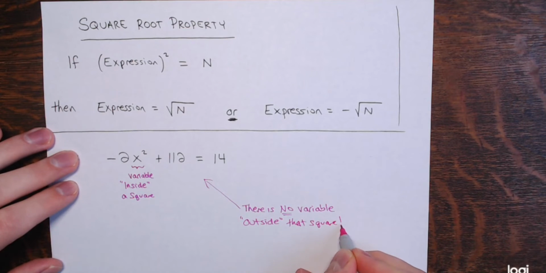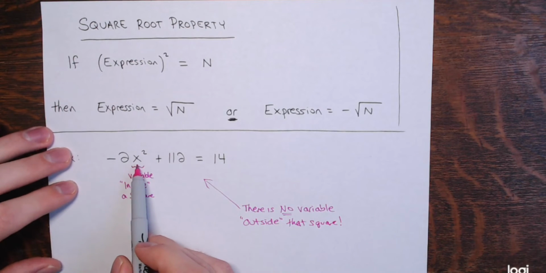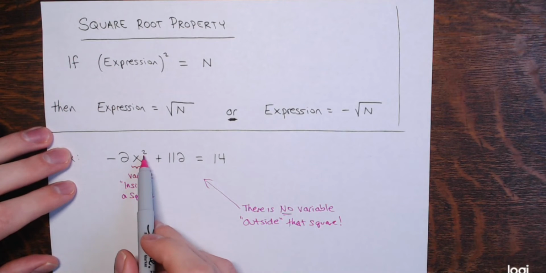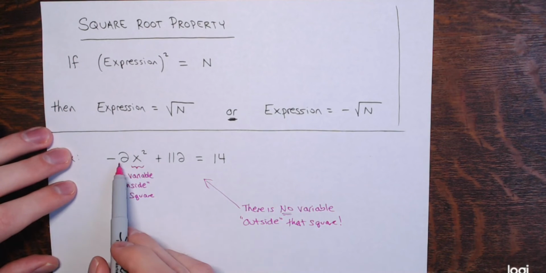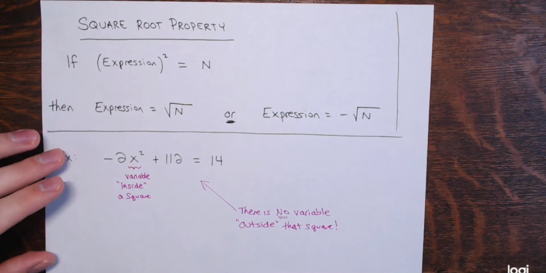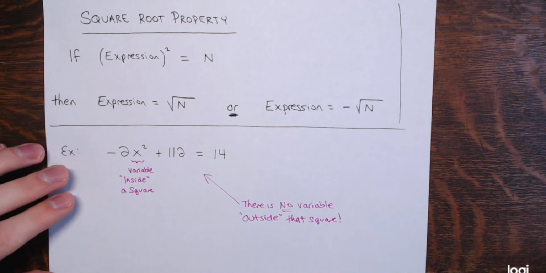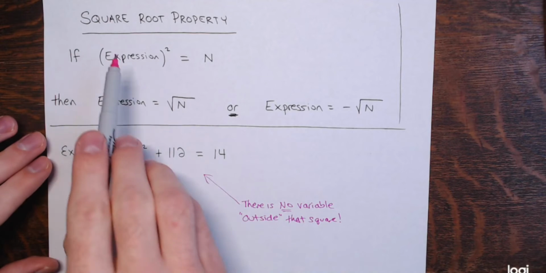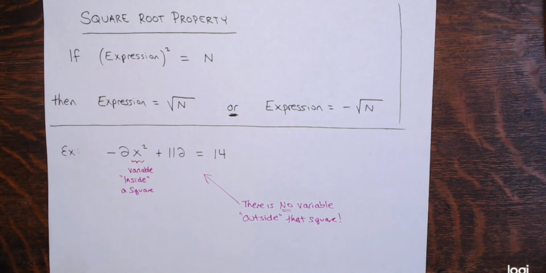The only place I see the variable is in the square, and outside that, there's no other variable. If that's the case, then you should be able to solve a quadratic equation using the square root property.